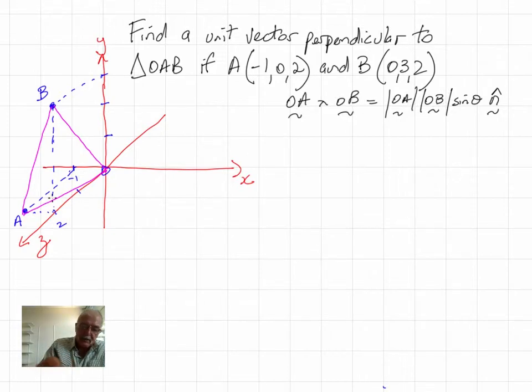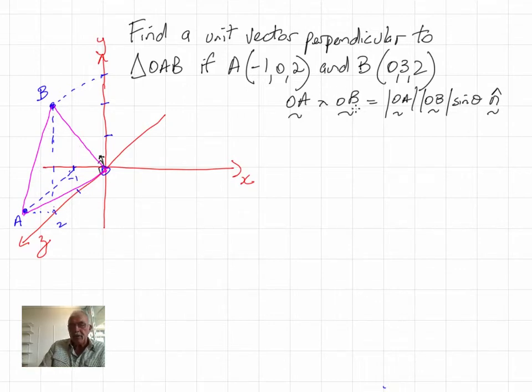By using your right-hand rule for orientation, it would be a unit vector going through that way, perpendicular to both those two vectors. If it's perpendicular at that point, the vector will be perpendicular at any point on the triangle.